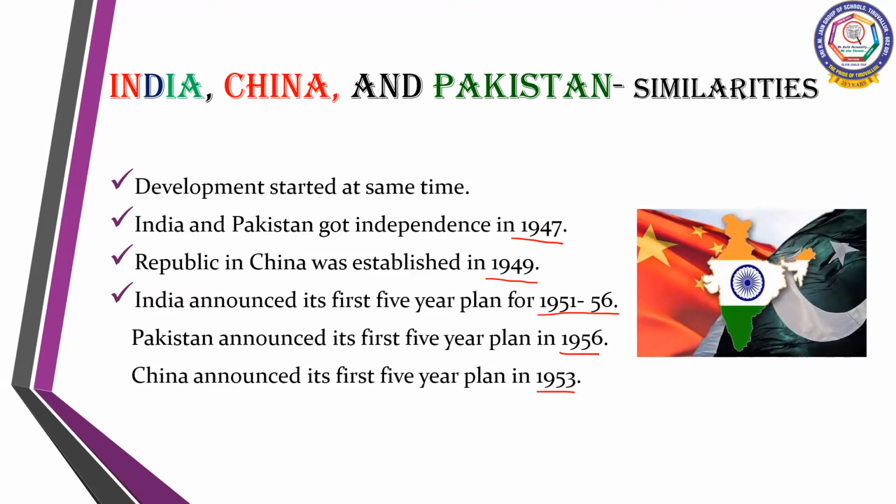Since 2013, Pakistan is working on the 11th 5 year development plan during 2013 to 2018, whereas China is working on its 13th 5 year plan between 2016 and 2020.